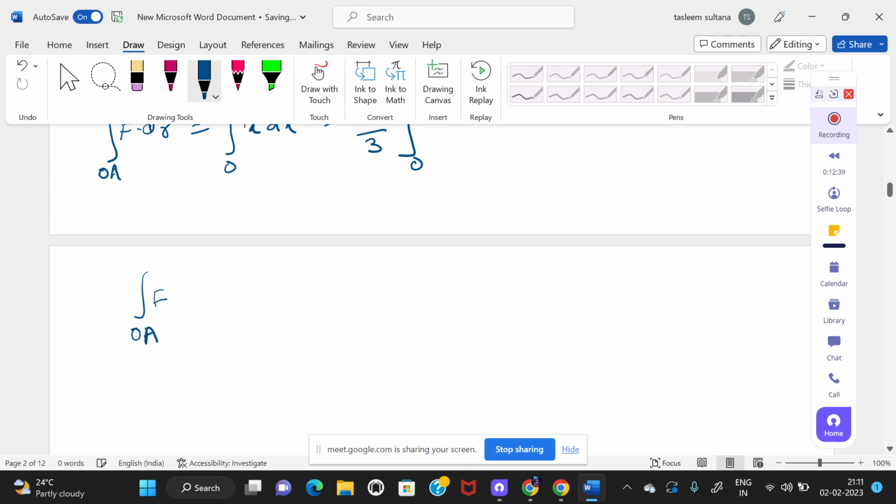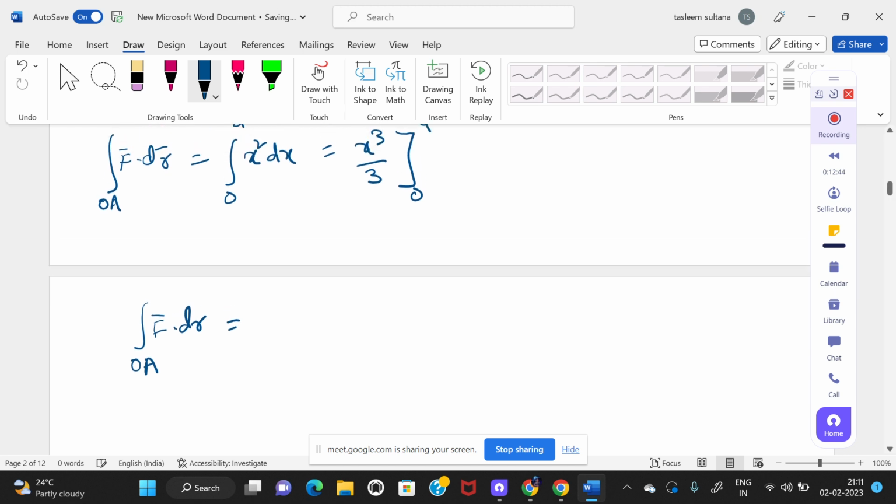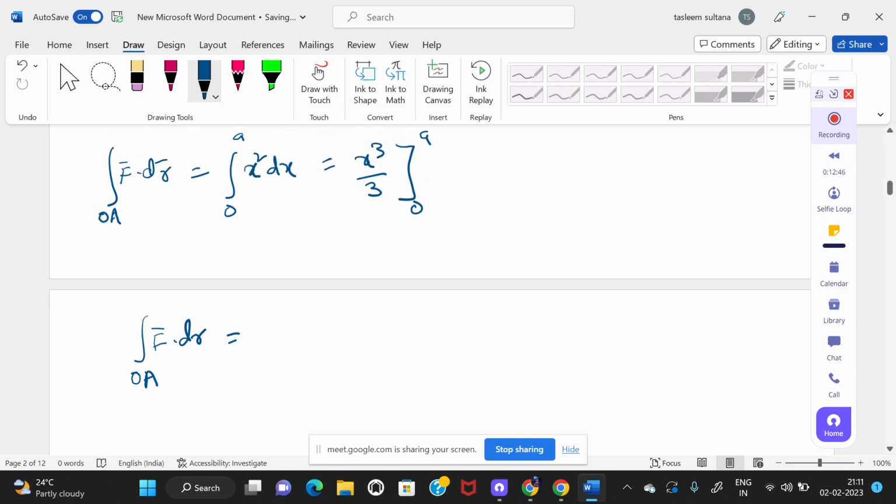I am going to get only the upper limit because the lower limit is equal to 0; when I substitute there, it will become 0. So it's equal to simply a cube by 3.